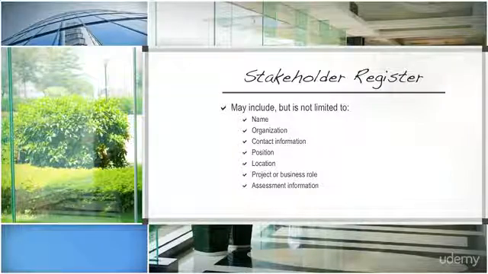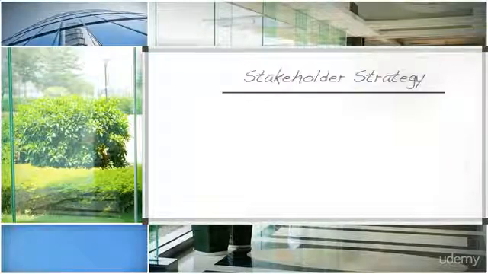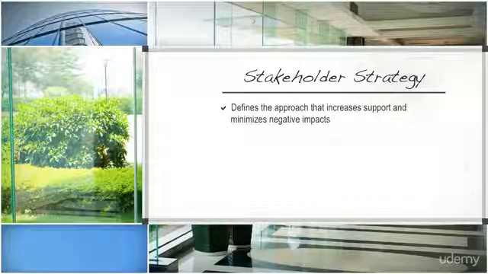Items like requirements, expectations, ability to influence, and lifecycle phase are of most interest. Finally, the stakeholder register will identify details such as classification, like internal or external, supporter, neutral, or a resistor of the project. The stakeholder management strategy defines the approach that increases support and minimizes negative impacts.